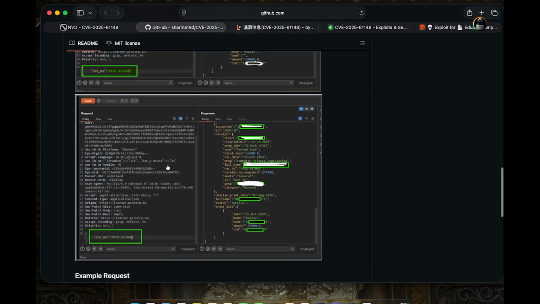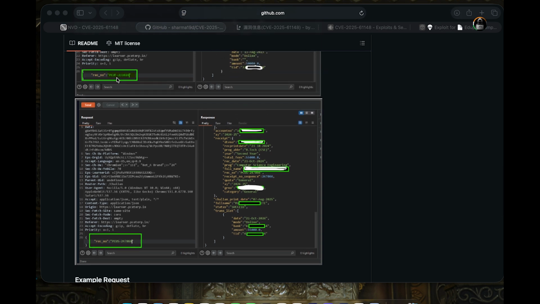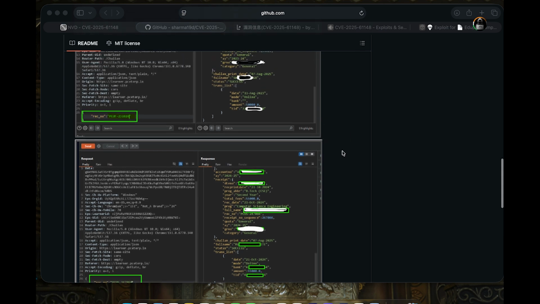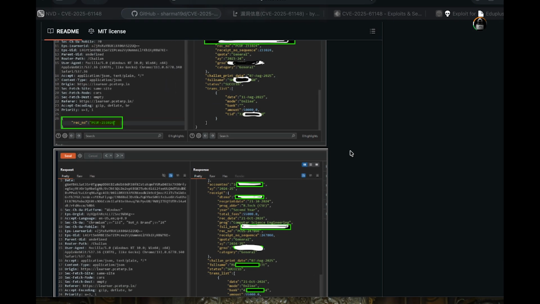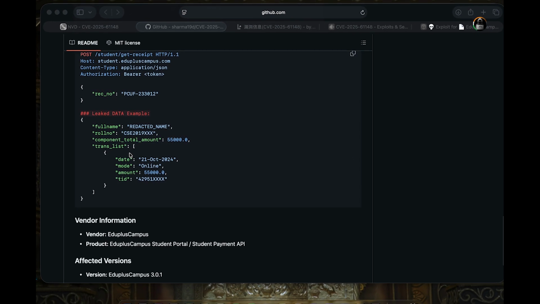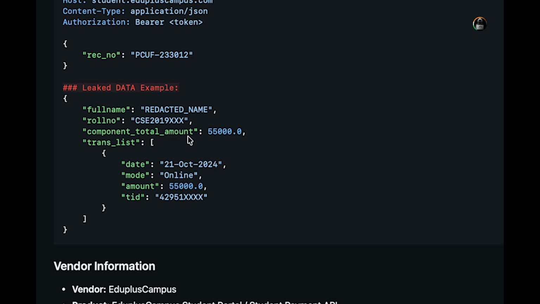The bug was a normal IDOR, where a user can change the ID and easily retrieve other students' data. And it was not just any data, it was leaking much more critical information, like their names, roll numbers, how much amount they are paying, with the date and the transaction ID.